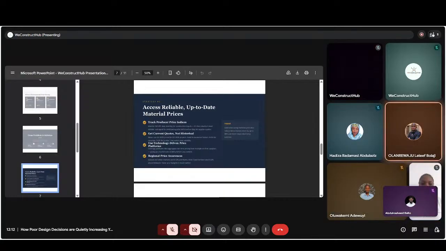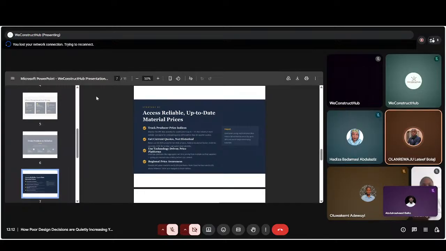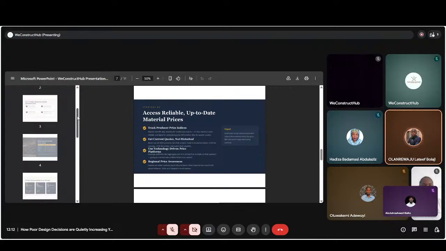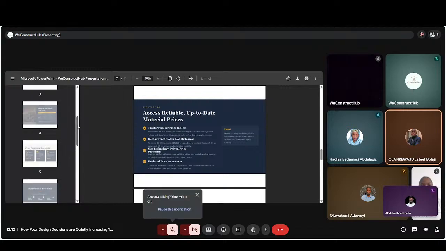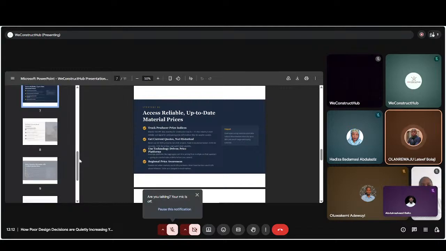Thank you. So, as I mentioned, if you look at the first point on the slide, you see track prices, get current quotes from your suppliers, from OEMs. The first point of call for me is to try and work with OEMs. I try as much as possible to cut off some unnecessary hands in the supply chain.